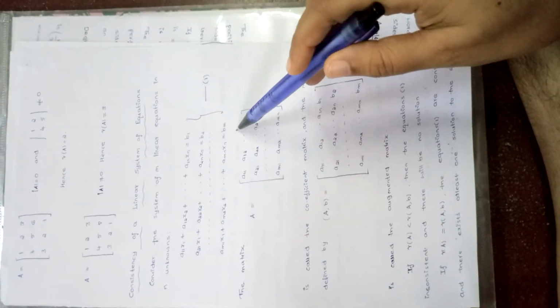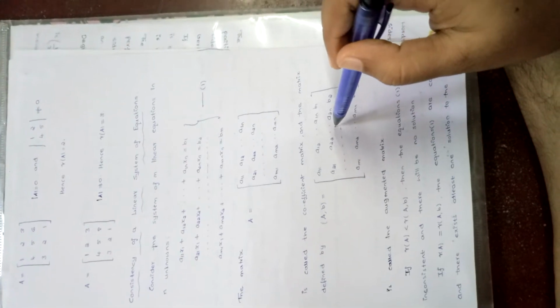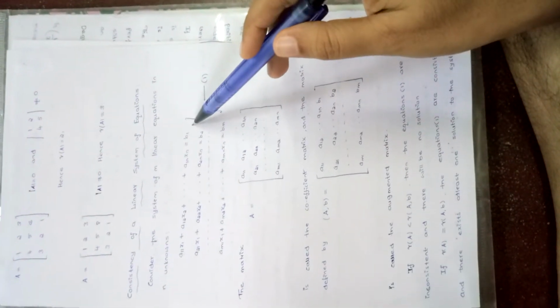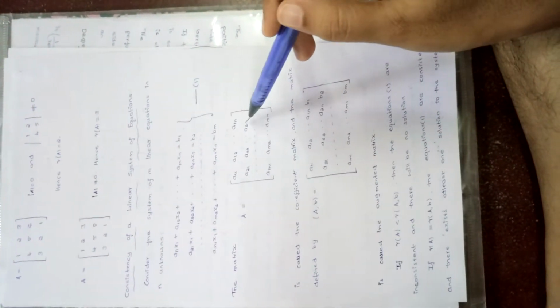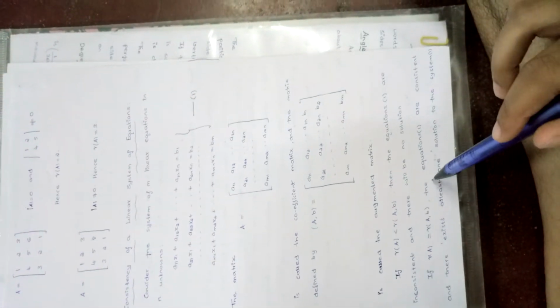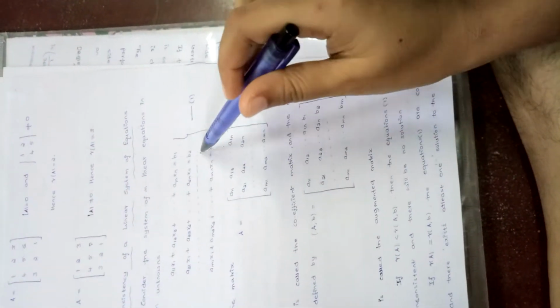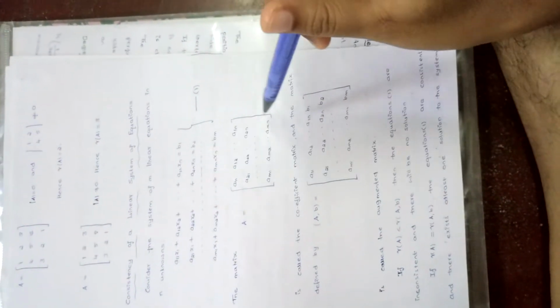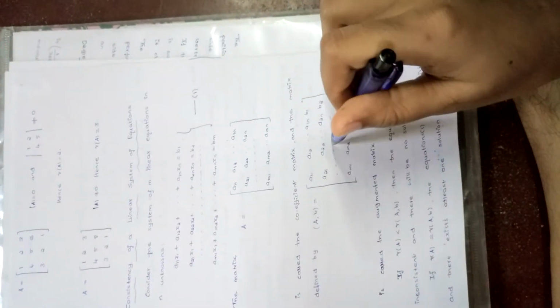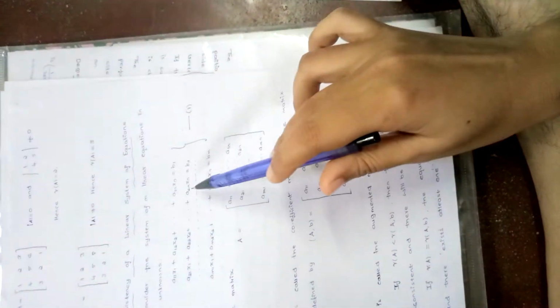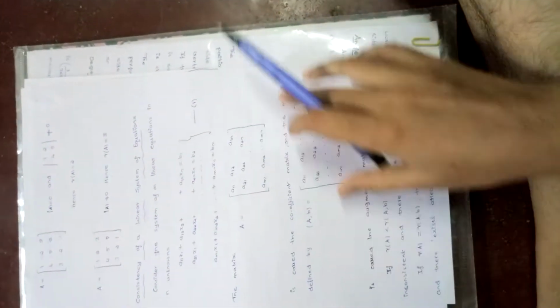And if rank of A is equal to rank of A comma B, then this system is consistent and it will have at least one solution.